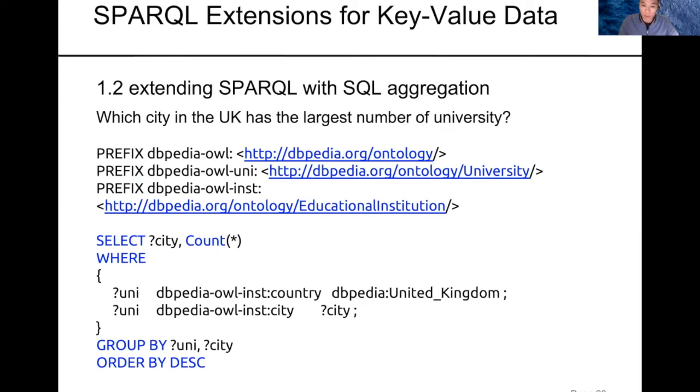The first is a university located in the United Kingdom, and the second is specifying the university in a city, such as London. So we can group by the university and city, in descending order, right? So the first output, the city and count pair, tells us the city with the largest number of universities in the UK.